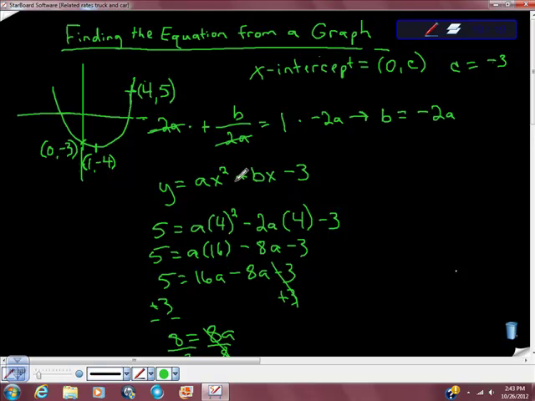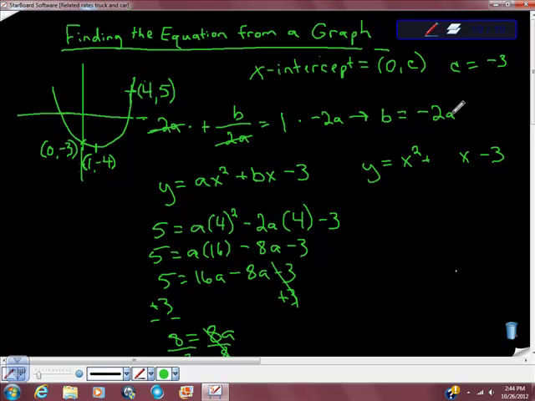So let's go back up here. So now we know we have this equation. We know a equals 1. So we can say y equals 1x squared plus some value of b times x, minus 3. Now I'm going to go back to this bit so that I can solve for b.